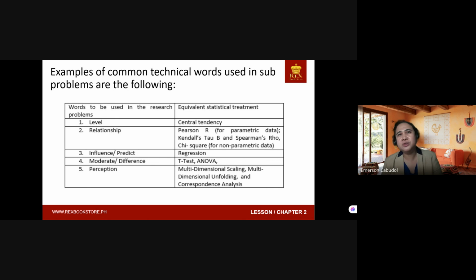If we are going to answer the question influence or predict, then we may use regression analysis. If the problem involves moderation or difference, then we use t-test or ANOVA. When we try to explain a problem that is about perception, then we can use multidimensional scaling, multidimensional unfolding, and correspondence analysis.